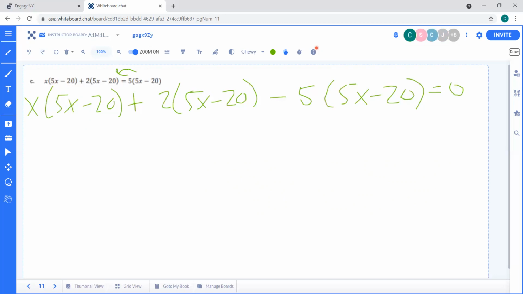Now it's equal to 0. Now, here we have 5x minus 20, 5x minus 20, 5x minus 20. So we're going to factor that out. And we'll say 5x minus 20.